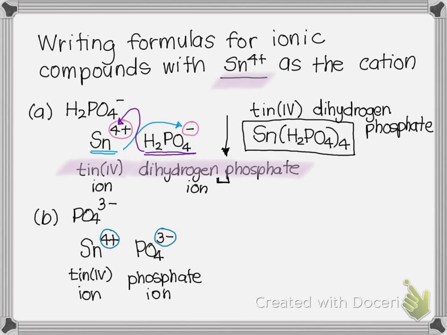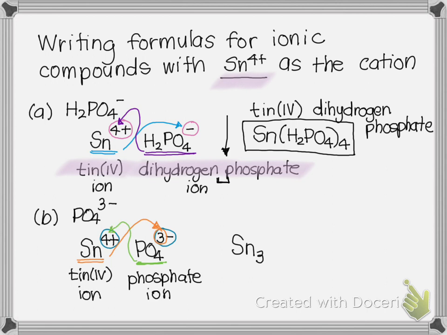So then I can use my shortcut, the crossover, to figure out how many. So for the tin, I look at the opposite charge, and that is a 3 negative, but it's a 3. So it's going to take 3 tins to cancel. And then for the anion, the phosphate, which is the whole thing, PO4, I look at tin's charge, which is a 4.